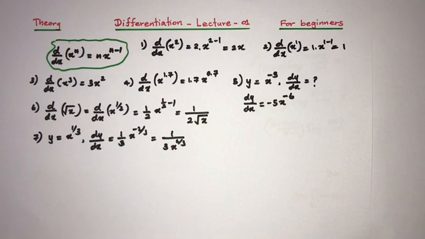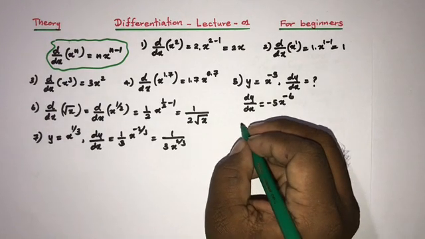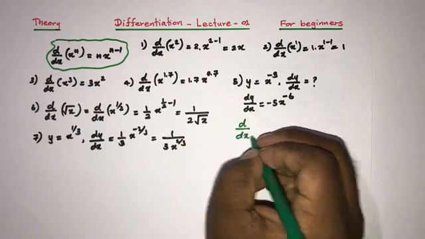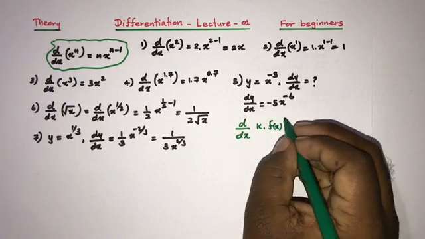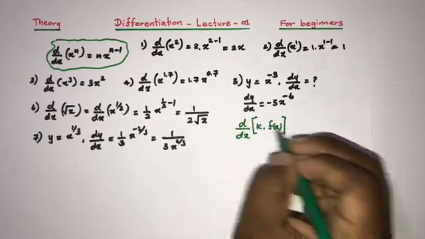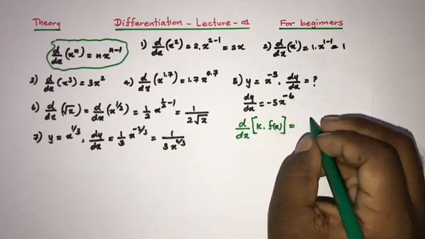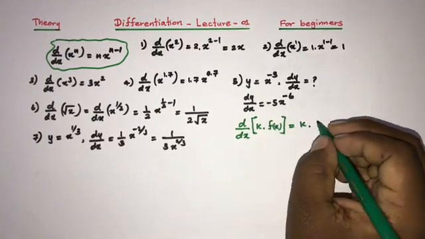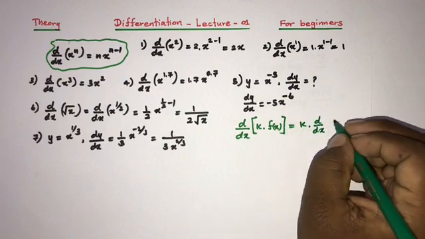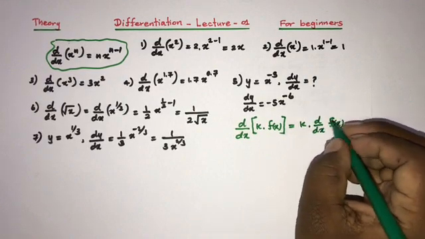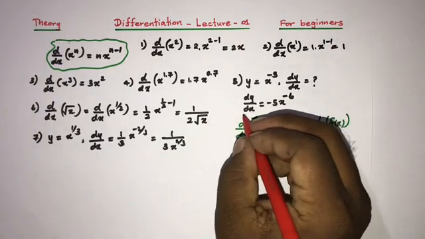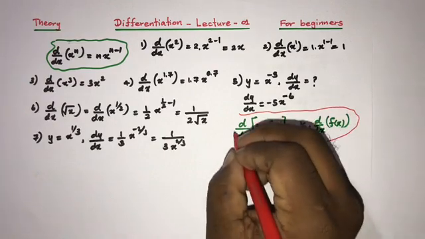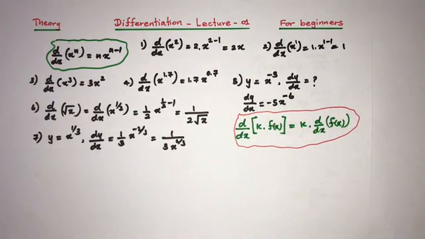Then we have another important fact. If we have a constant times a function, how do we differentiate? First rewrite the constant and then take the derivative of the function. Now this is another important fact. So now let's take examples.